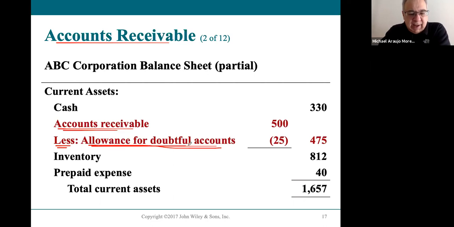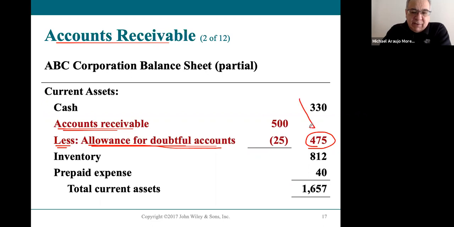This allowance account is basically the estimate that the company made using GAAP of how much of their receivables are not going to be collected. So they make an allowance for them. The allowance is shown on the balance sheet, almost all the time. But what's left is the difference.